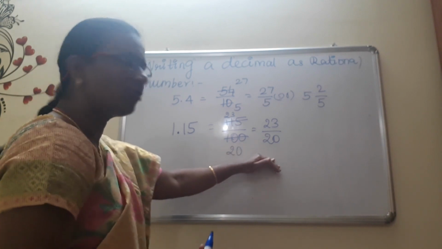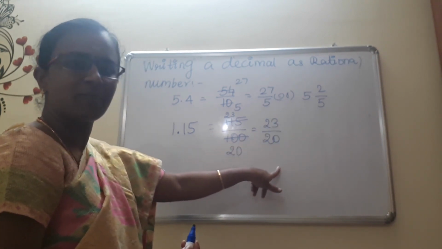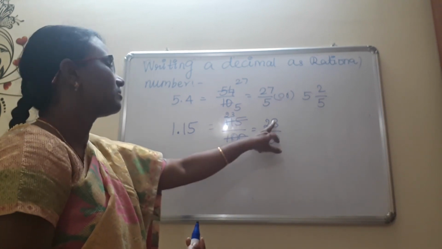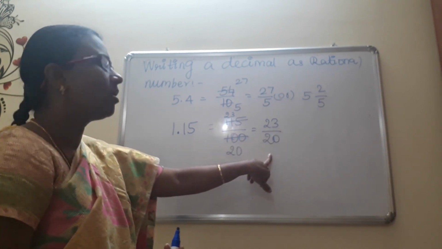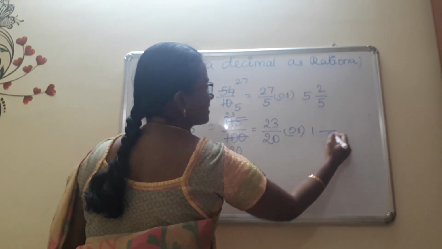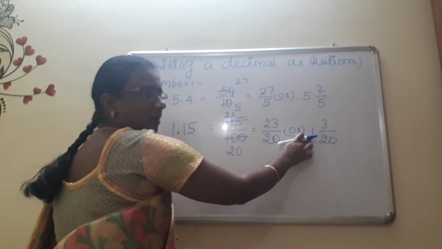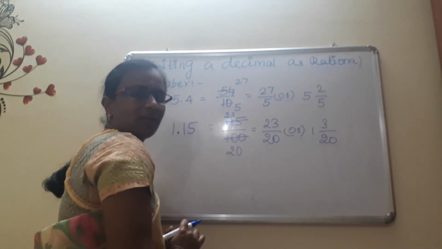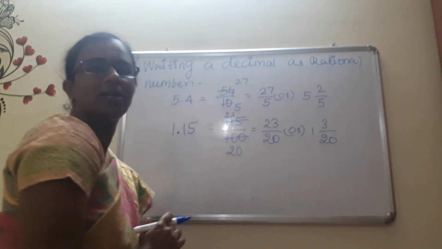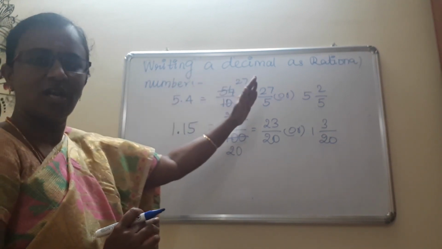But we cannot reduce this 23 by 20 further because it cannot be divided by a common number. So 23 by 20, or otherwise you can change it into a mixed fraction, 1 3 by 20. 1 20 is 20, 20 plus 3, 23. So 23 by 20. Can you understand this, decimal as rational number?